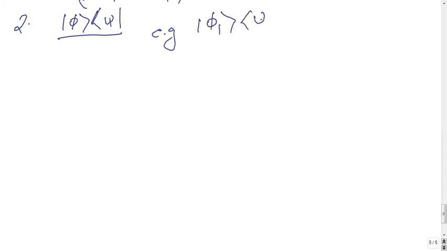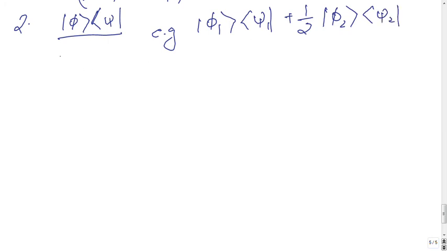So another way to construct more complicated operators is by using both the concept of outer product and the sum technique to form a more complex linear operator of this type. So for example, consider the operator phi 1 xi 1 plus half times phi 2 xi 2.